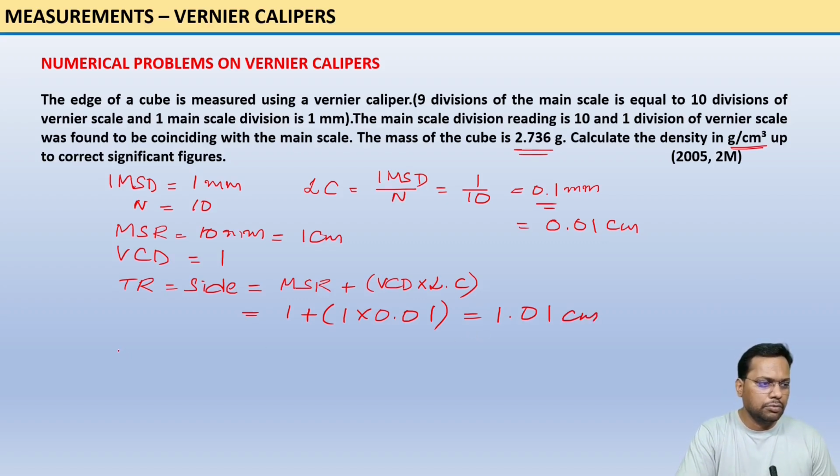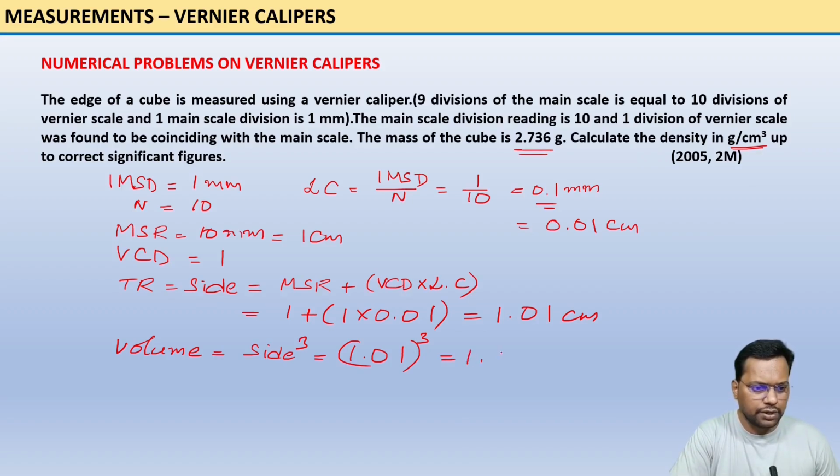Therefore, the volume of the cube is equal to side cube, that is 1.01 whole cube, which is equal to 1.030301.